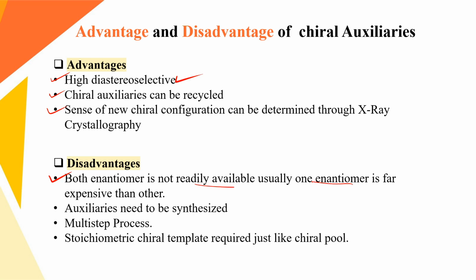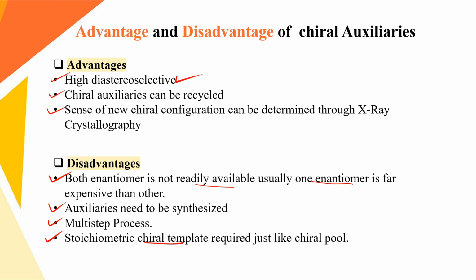So getting both enantiomers becomes a matter of expensive or less expensive. The second thing is that the auxiliary needs to be synthesized. That means the synthetic steps will increase while using auxiliaries, and it is a multi-step process. And you know that in a multi-step process, maintaining the proper yield is very hard. And a stoichiometric chiral template is required for synthesizing the auxiliaries.